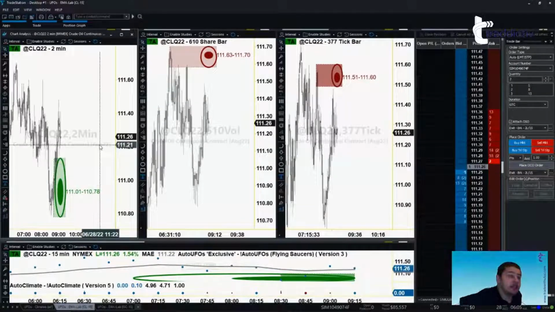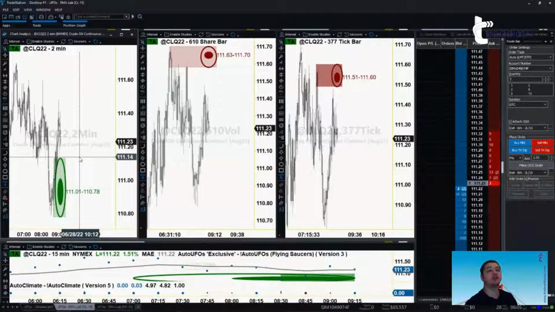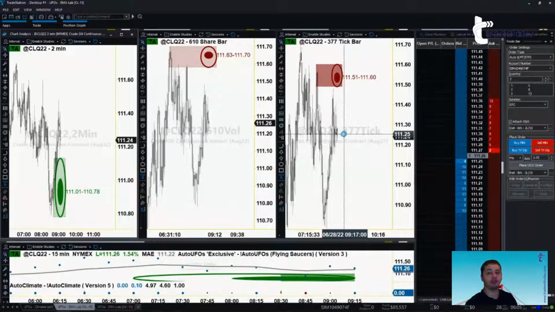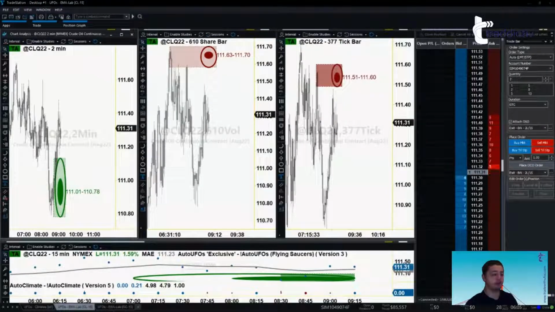So unfortunately, we don't have a trade with this UFO here. However, if price were to pop up a little bit and create a new UFO on any one of these three charts, then we're in business. We've got a trade. Right now, since we don't have anything there, it looks like there's a bit of movement happening, so we may want to just wait for it a little bit before we move on.